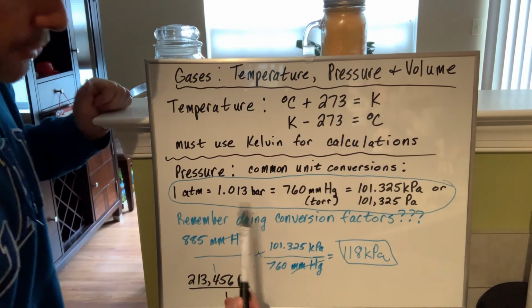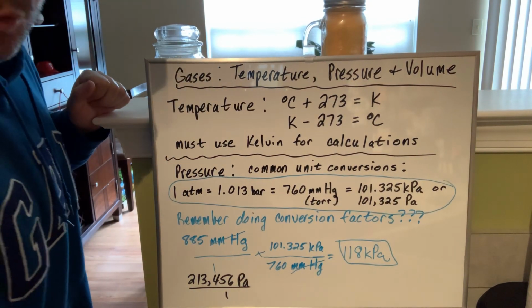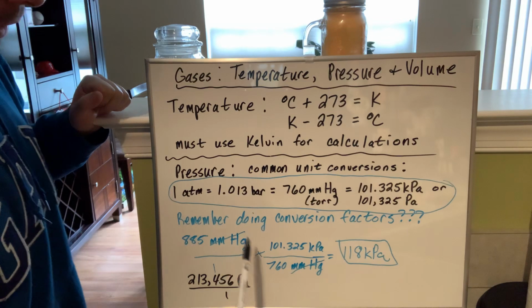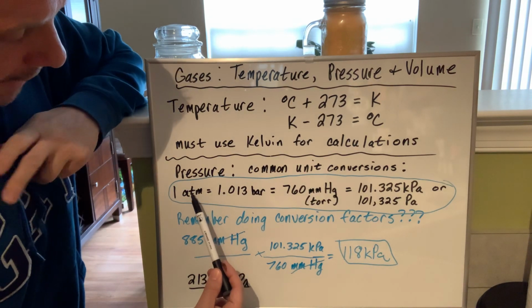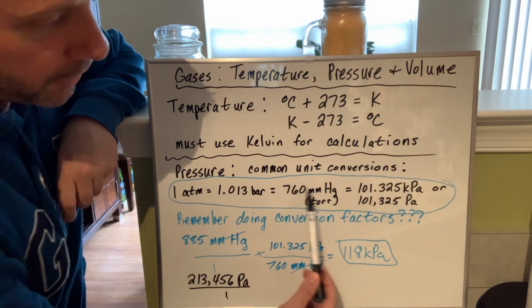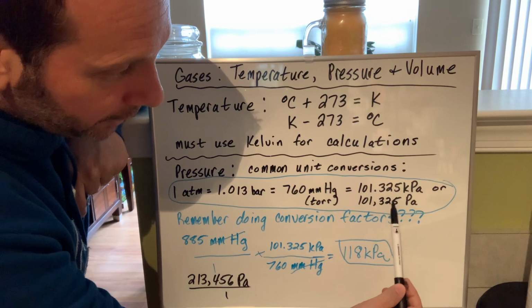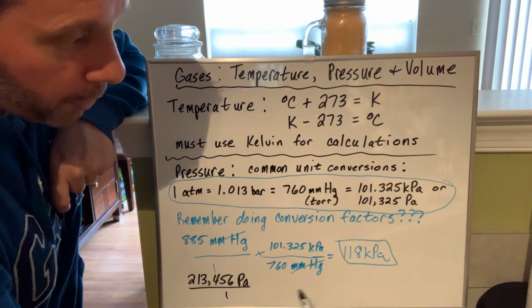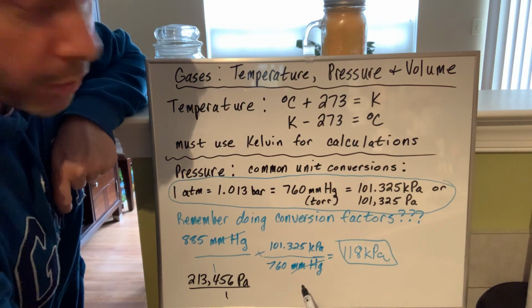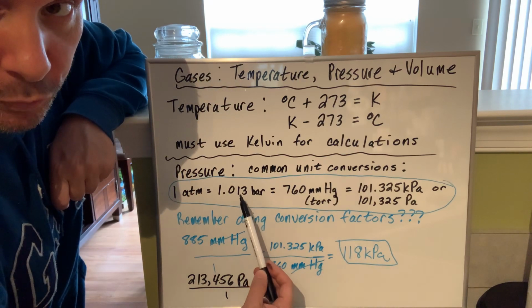Well, just remember, these are all equal to each other, just like one day is 24 hours, right? So we have one ATM is that many bar, that much millimeters mercury, and that much kilopascal. Okay, so I have Pascal right there. That's on the top, so I want to put that on the bottom. And I want to put the thing I'm looking for on the top. I'm looking for bar, according to the question.